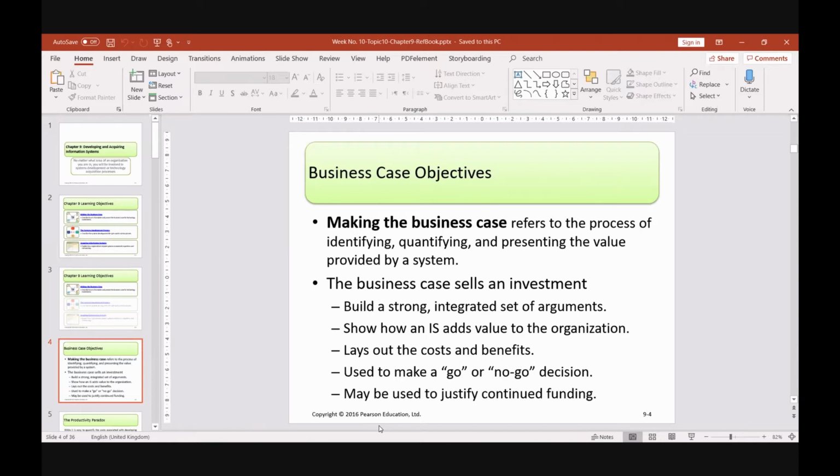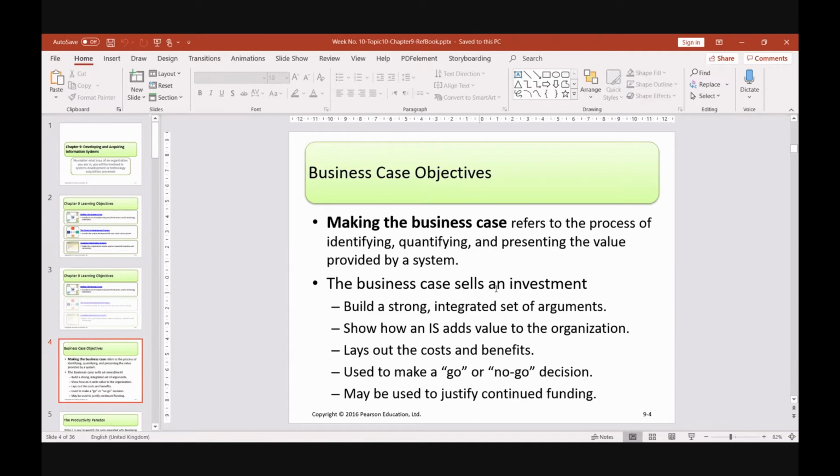You will identify, quantify, and present the value, the benefits of the system. Okay, we should purchase this system and these are the benefits. It will save money, it will increase productivity, whatever benefits you have to present in the business case to impress your executive management so that they can decide, okay, we will purchase this system. So this is the business case.